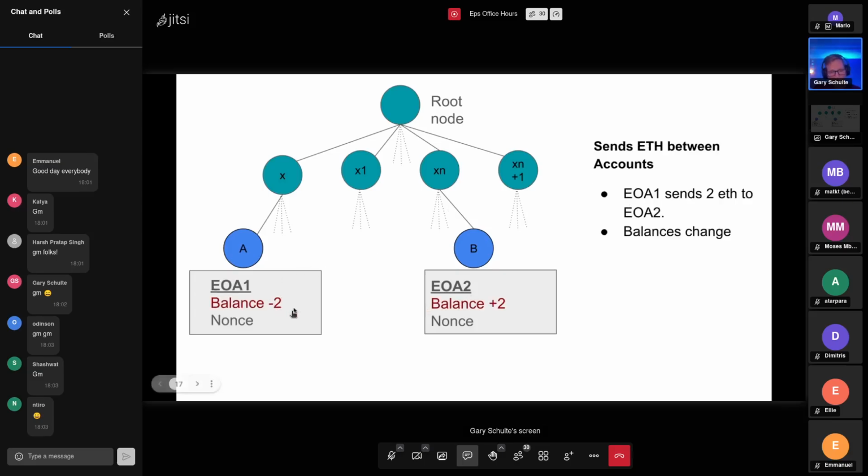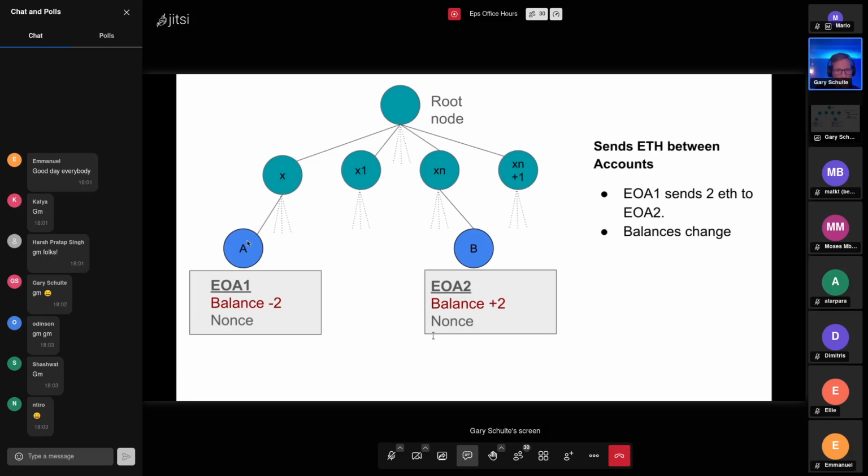What we're going to do in the EVM is decrement EOA 1's balance by 2 ETH, and increment EOA 2's balance by 2 ETH. Since EOA 1 is originating the transaction as well, its nonce is going to change. So the value of this account, its account state, is going to change, and so its hash is going to change. Its path won't change.